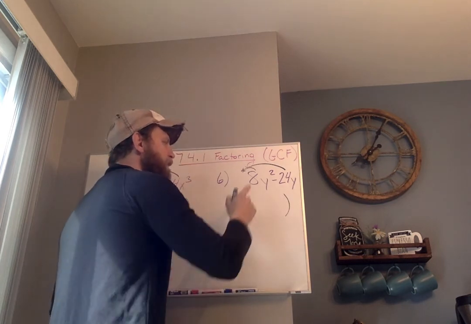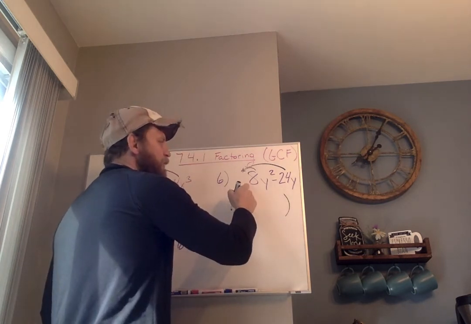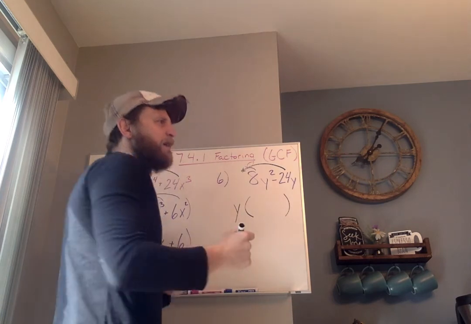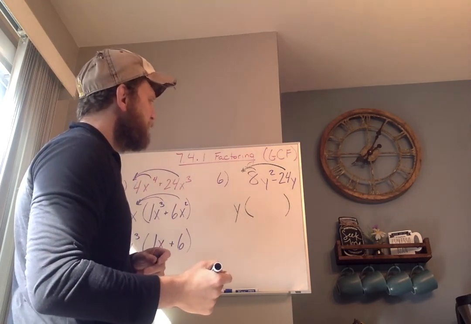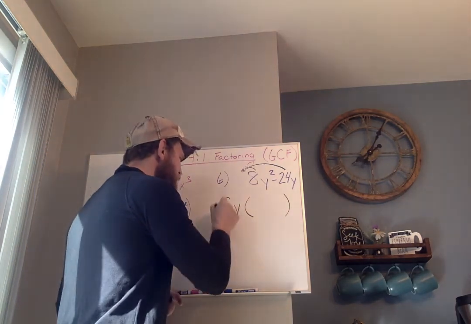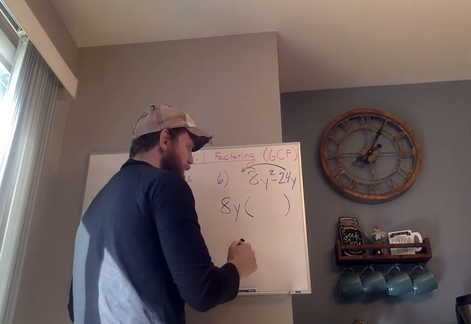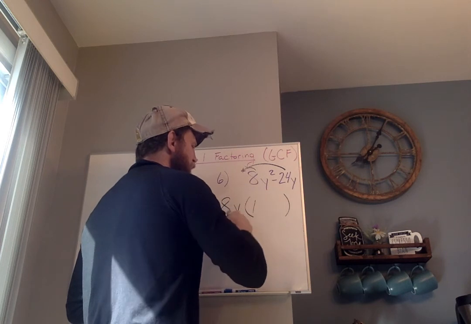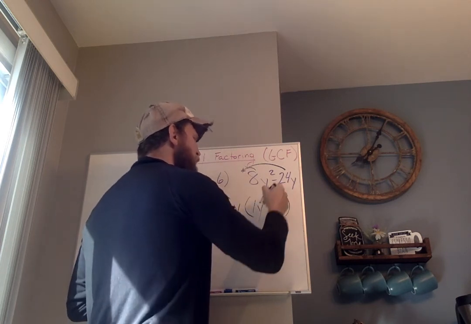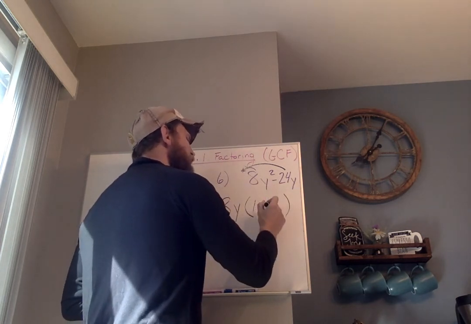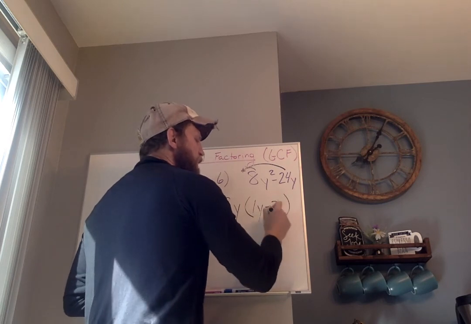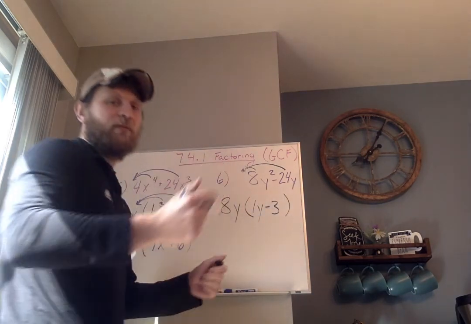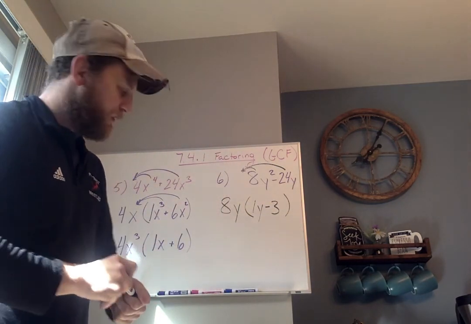All right, now the largest number that goes into 8 and 24, Ethan, what is it? 8. Perfect. So we're going to take an 8 out. So 8 divided by 8 is 1. Y squared divided by y is y. 24 divided by 8 is 3. And y divided by y is nothing. So there we go. So that's how you do it.